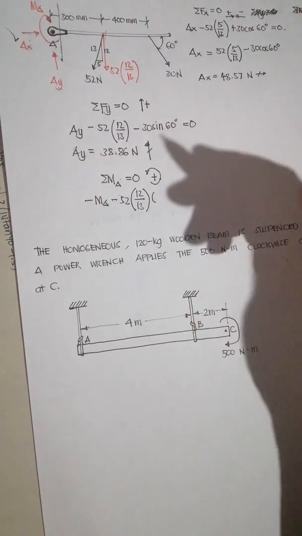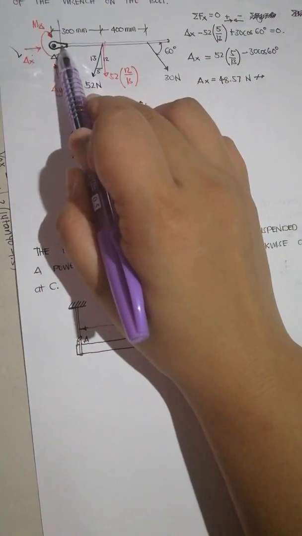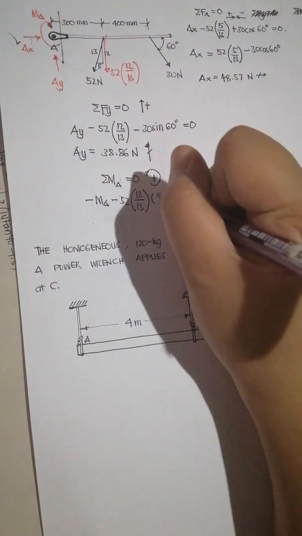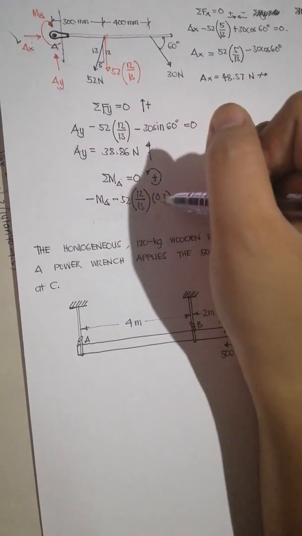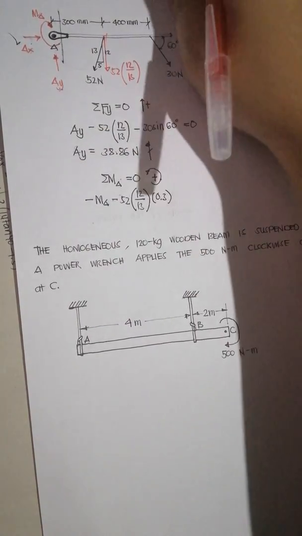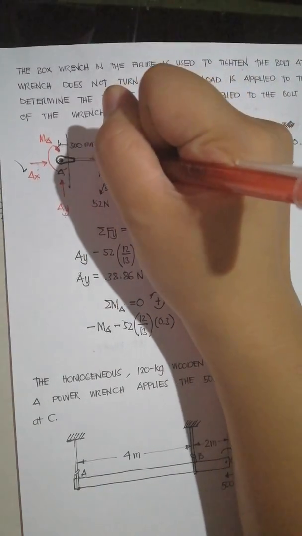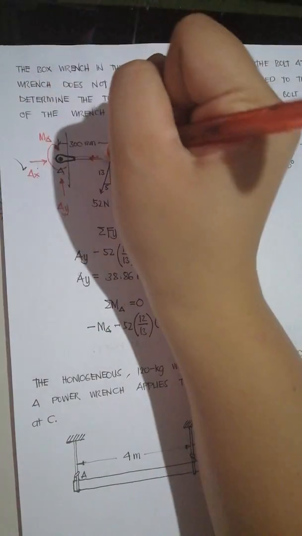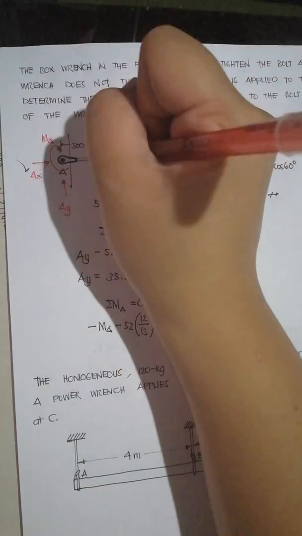Again, moment is equal to force times perpendicular distance about point A, which is 300 mm, or 0.3 meters, so we'll be using Newton meters. Its horizontal component passes through point A, since its line of action coincides with A, so the horizontal component does not have moment about point A.